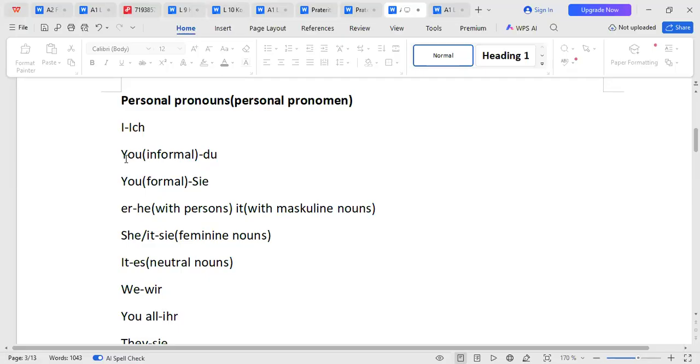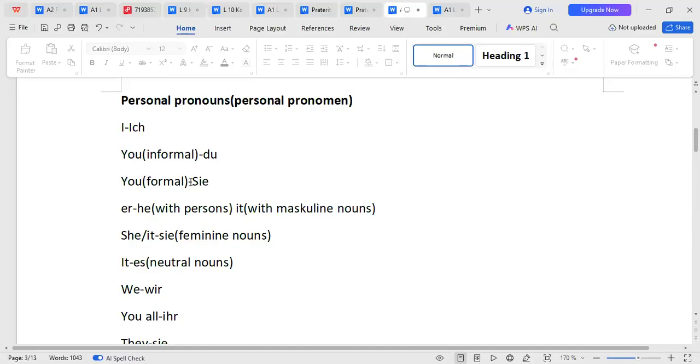We have the you formal and the you informal. The you informal is du. You cook, you sleep. This du, we use it for people we know, our friends, close relatives, close associates. We refer to them with du.